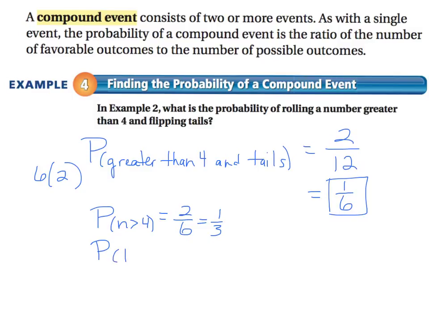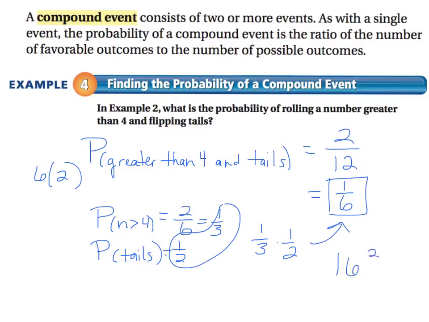The probability of doing tails would be 1/2, because there's only one tail out of 2 sides. So I take my 2 fractions and I multiply them together. And 1/3 multiplied by 1/2 gives me the fraction 1/6. So the probability is 1/6, or as a percent, 16 2/3%.